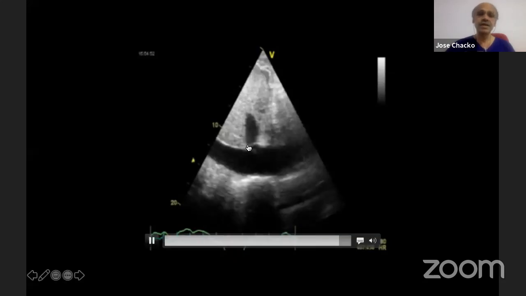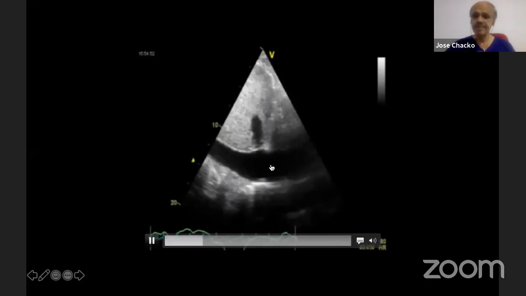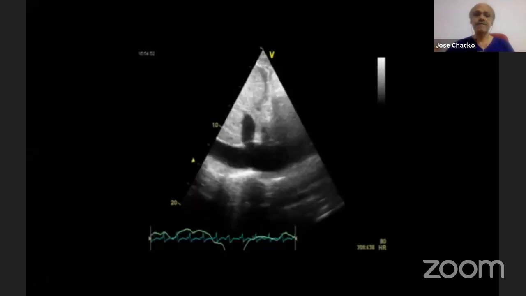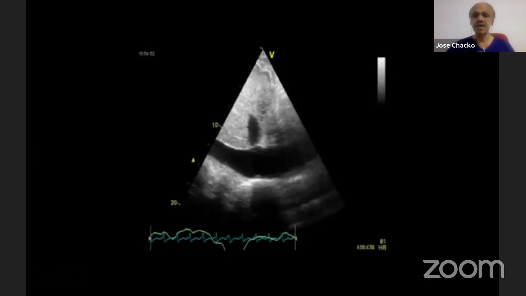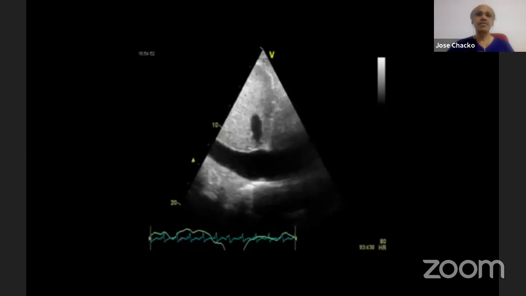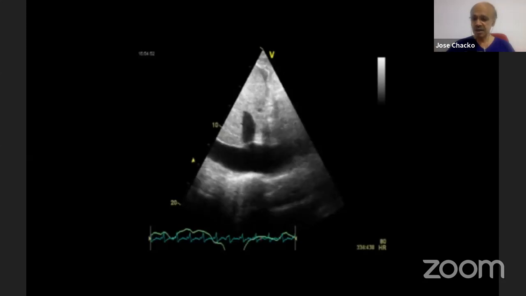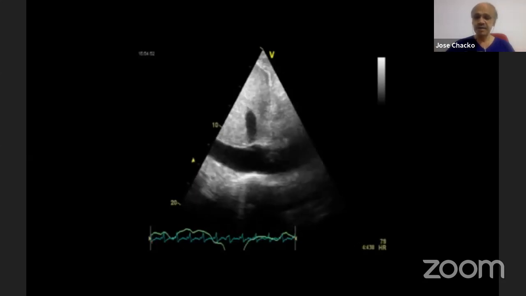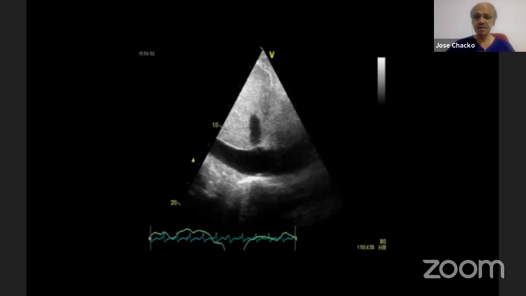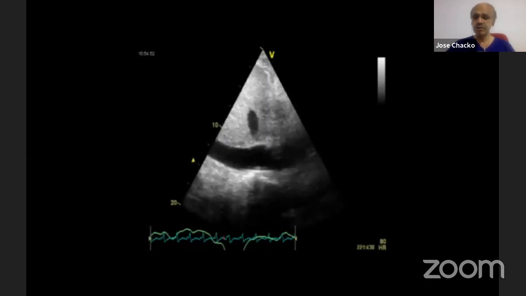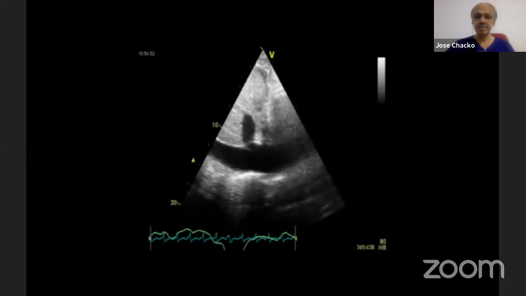But if you see an IVC that's dilated like this, without any respiratory variation in a mechanically ventilated patient without any spontaneous effort, it clearly shows that your patient is likely to be volume overloaded, and you may need to unload him, either with the use of diuretics if there is some renal function and if there is some urine output, or fluid removal by renal replacement therapy.